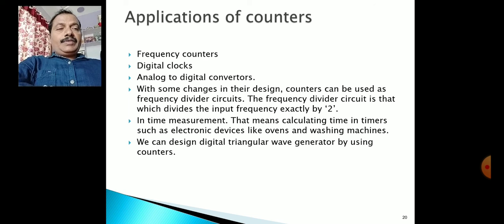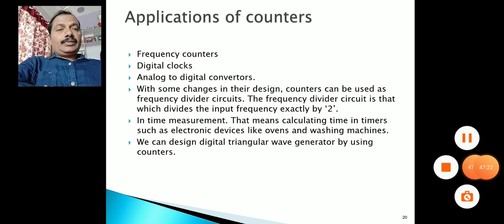A frequency divider circuit divides the input frequency exactly by 2. In time measurement, that means circulating time in timers in electronic devices like ovens and washing machines. We can design a digital triangular wave generator by using counters also. So these are the applications.